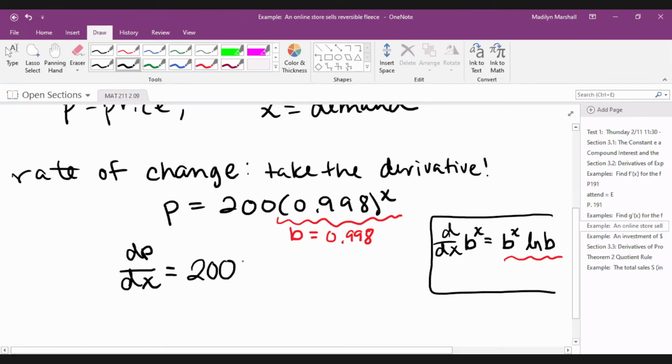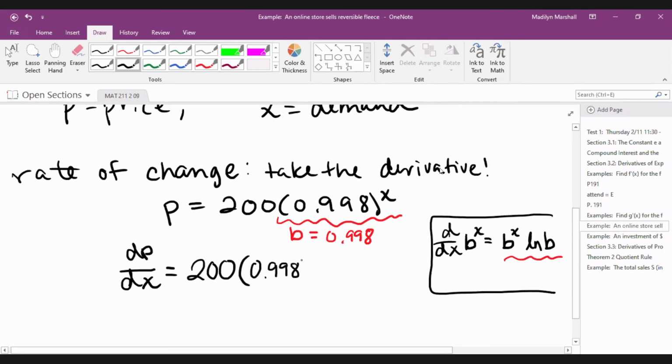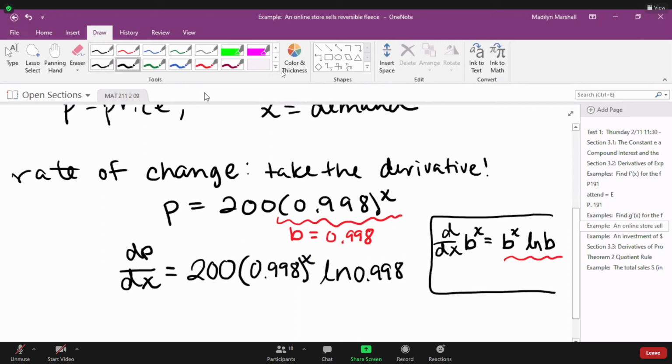So do you put a bracket to separate that? Yes, it's helpful. 0.998 to the x, times natural log 0.998. Yes, exactly.